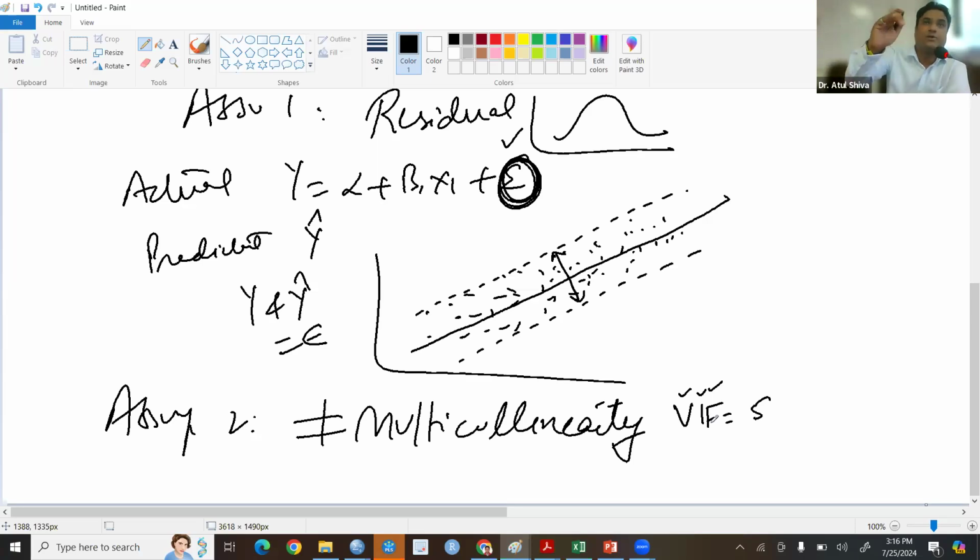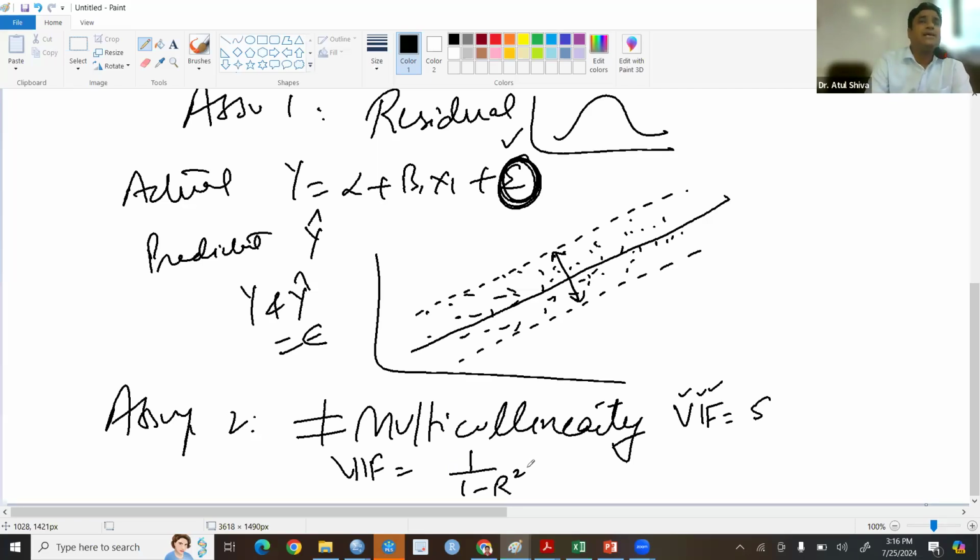What is the formula of VIF? 1 by 1 minus R square. You calculate your R square and solve this formula. There will be some value, and this should not be more than 5.